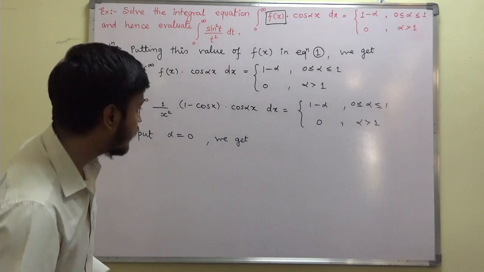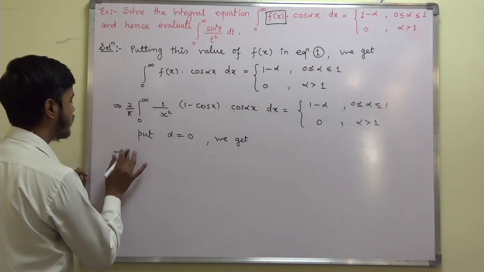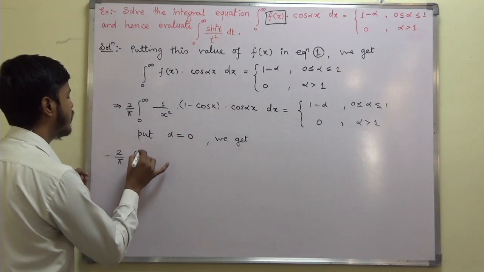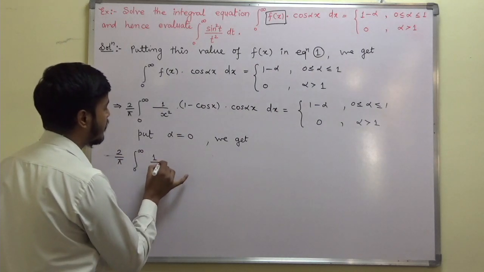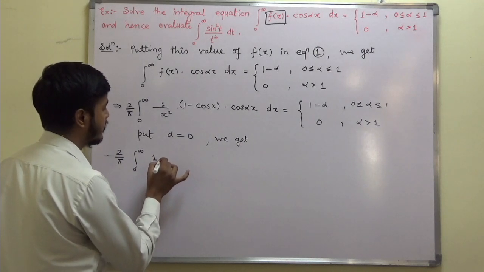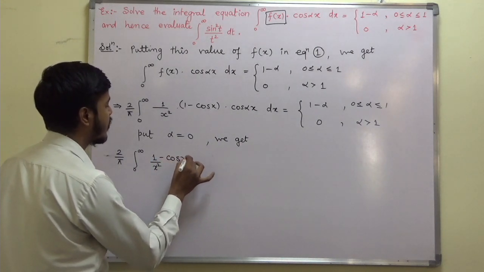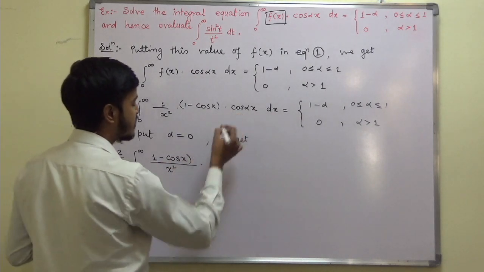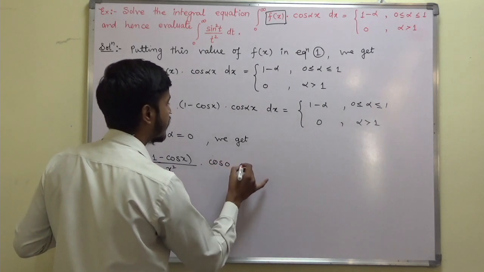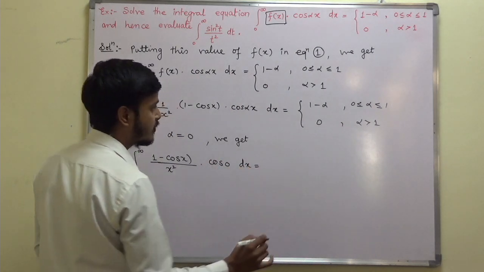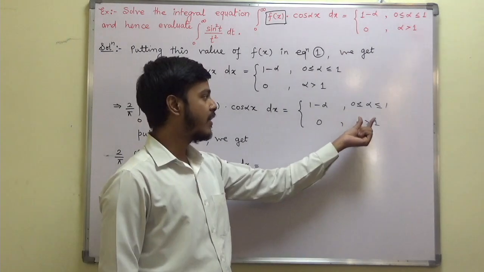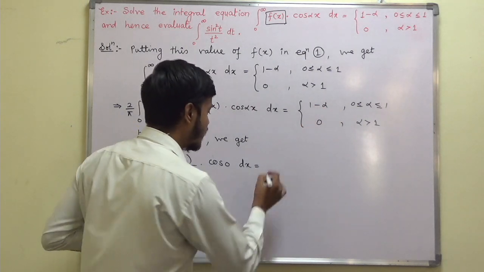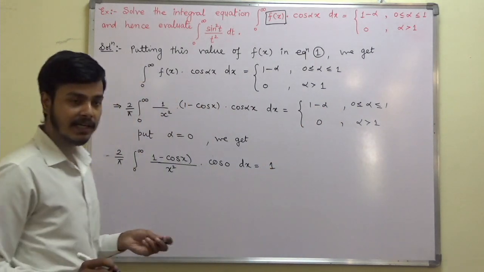The moment we put alpha equal to 0, this would be just 2 by pi integration 0 to infinity 1 by x square, you can write 1 minus cos x upon x square into cos 0 dx is equal to, now alpha is equal to 0, so when I substitute it I will be getting 1, right?